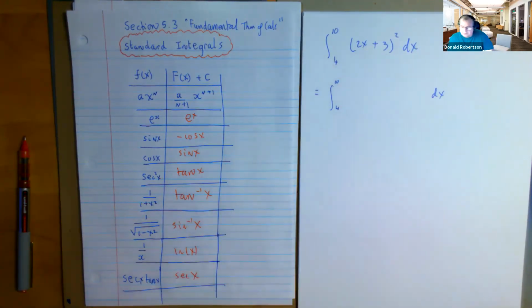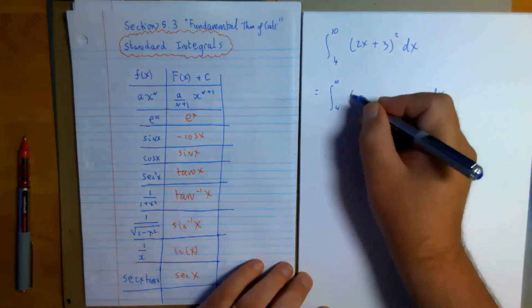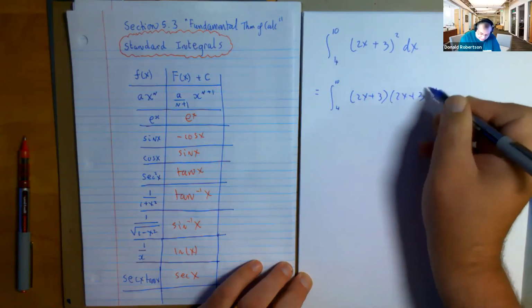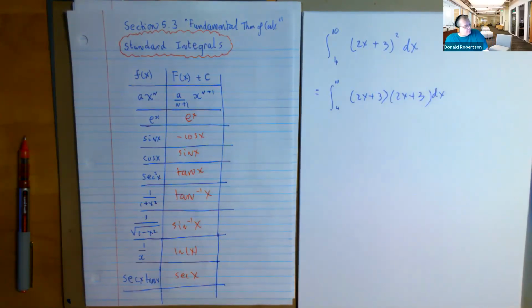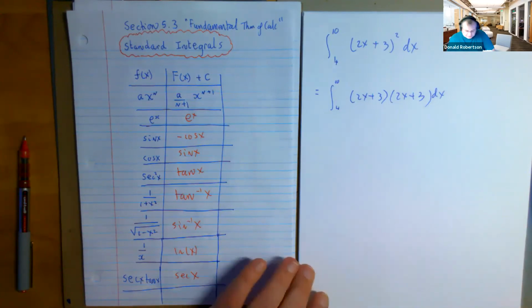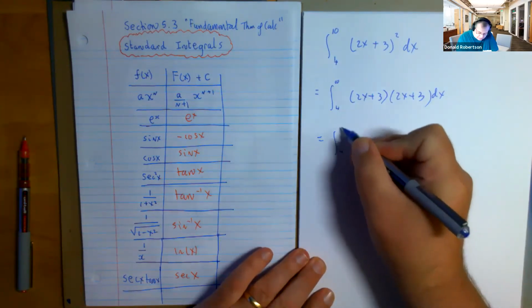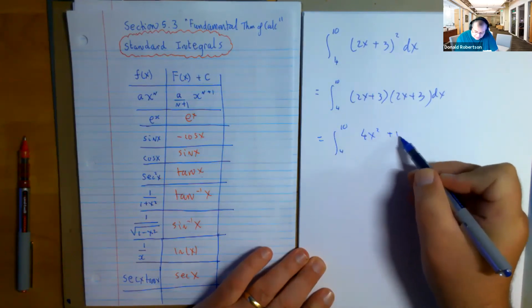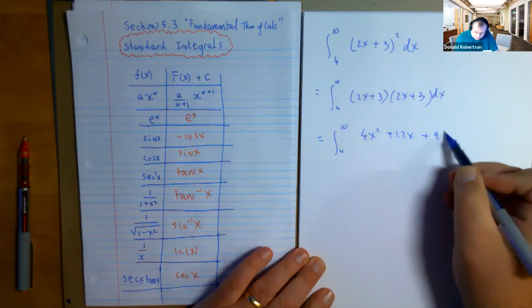What would this become? Write it twice and then foil it. Right, so you basically multiply it by itself twice. So sounds like what you're saying, agree? Isn't this just a foil? So you're going to get 4x squared. You're going to get plus 12x and plus 9.